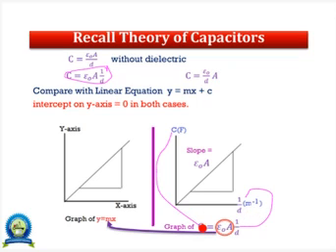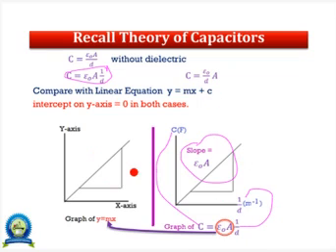So by the time you compare it with this linear equation, because there is no intercept, what we simply have left is epsilon naught A, which is equal to the slope of this graph. Does that make sense to everybody?